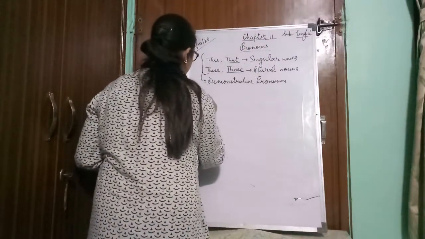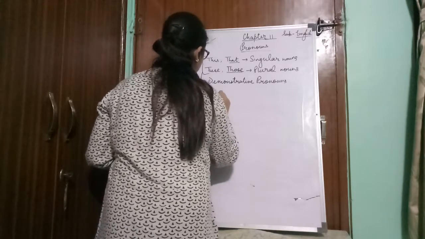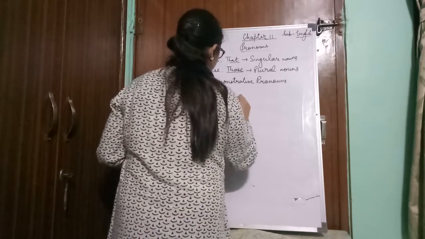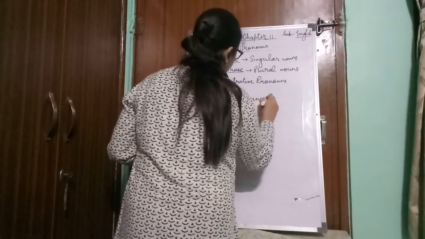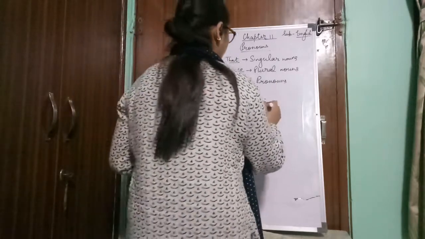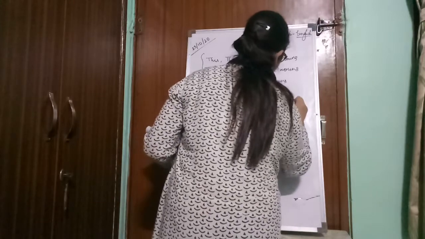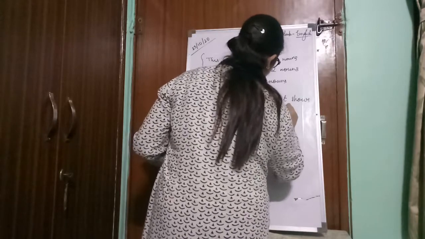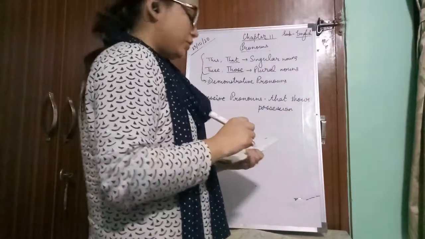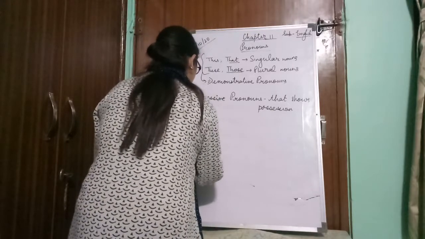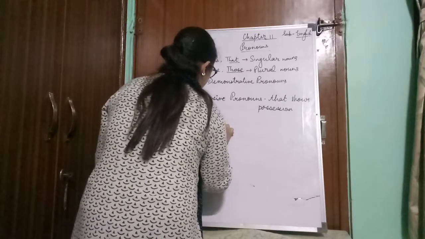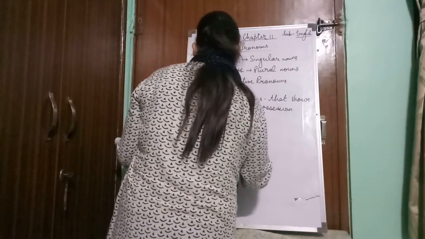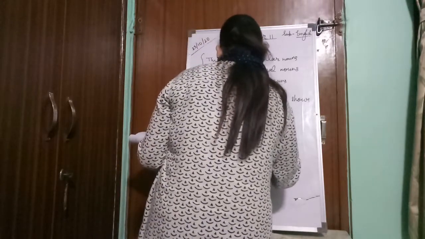Possessive pronouns show possession. So for example, the possessive pronouns are: for first person singular it is mine, for I, and for plural it is ours.